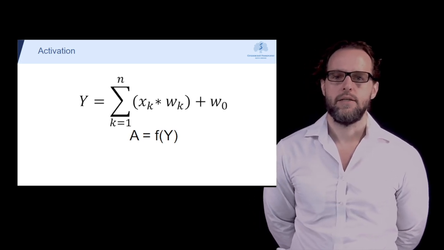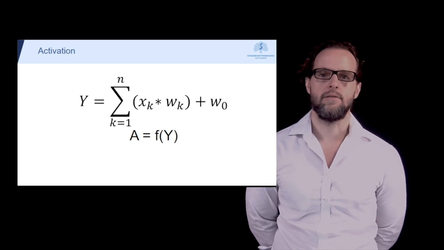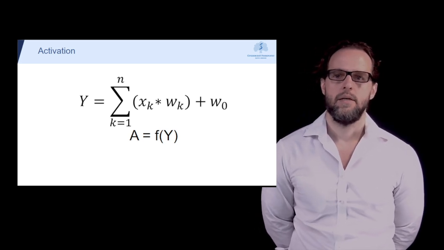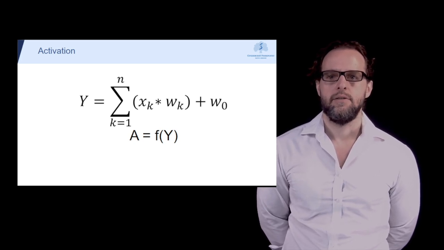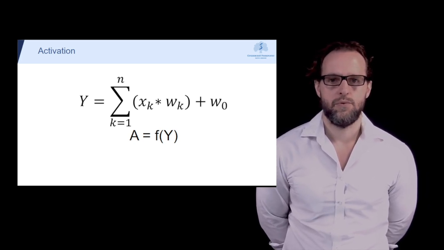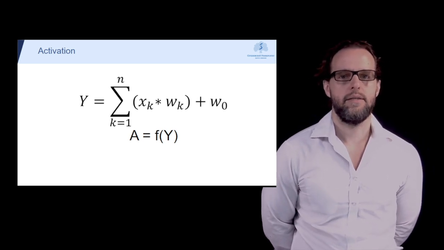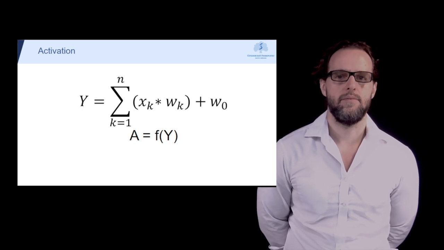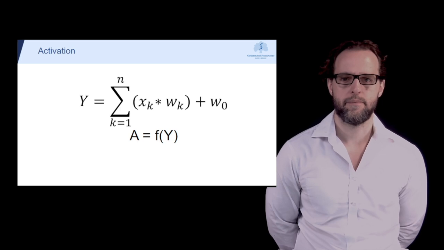The activation function, in fact, serves exactly in this role. Exactly, the activation function determines the output value of the neuron depending on the result of the weighted sum of the inputs and the threshold value.